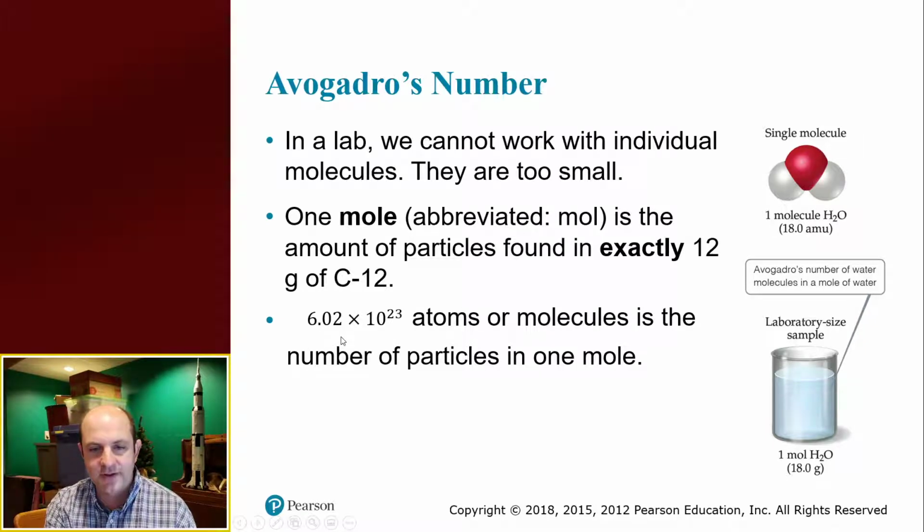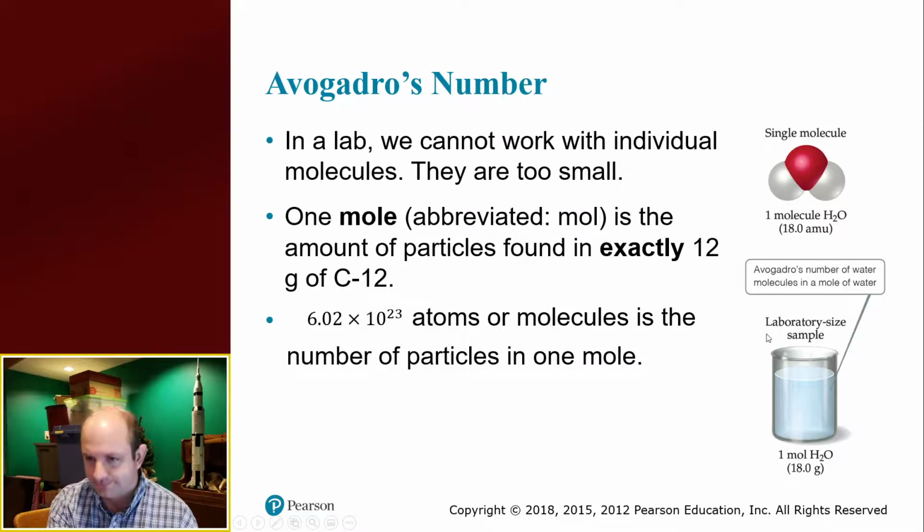And then we rounded to 3 sig figs. 6.02 times 10 to the 23rd atoms or molecules is how many particles are in 1 mole. If you need a 4th sig fig, it's 6.022, which is not a bad thing to know. And if you ever need more sig figs, look in the back cover of a chemistry textbook.